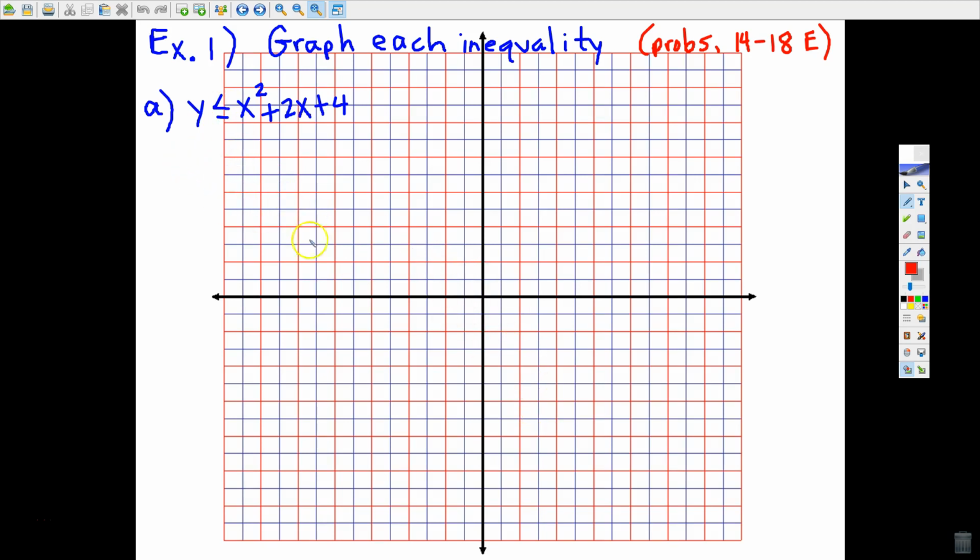So first of all, let's just go back and remember how to come up with the graph of the equation y equals x squared plus 2x plus 4. And you've learned now to change this into vertex form. So if you don't want to have to do the opposite of b over 2a formula to find the vertex, you can always use vertex form.